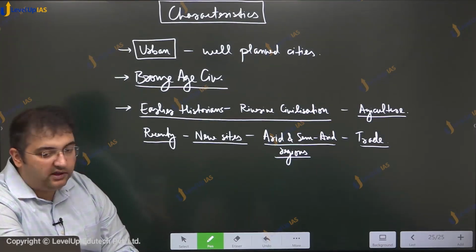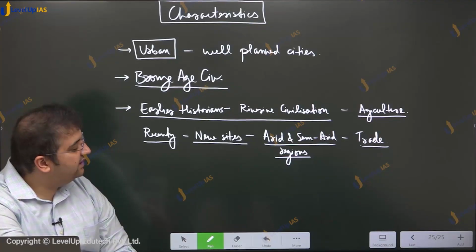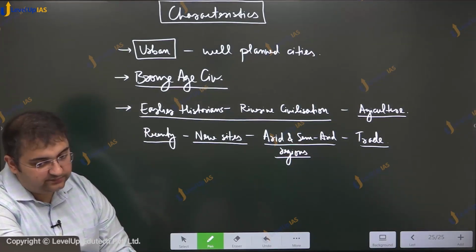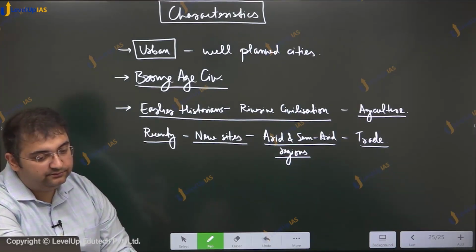The recent discoveries of a large number of new sites, new cities outside the traditional agricultural zone, such as Balochistan and Kutch, has prompted historians to challenge the older notion.